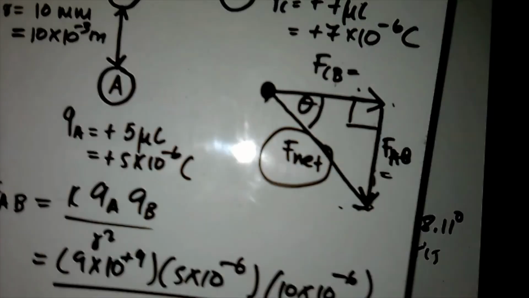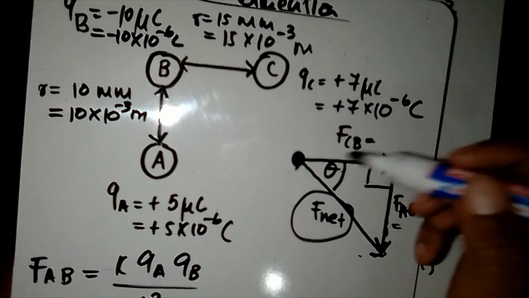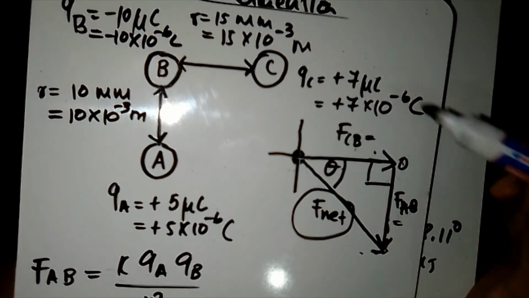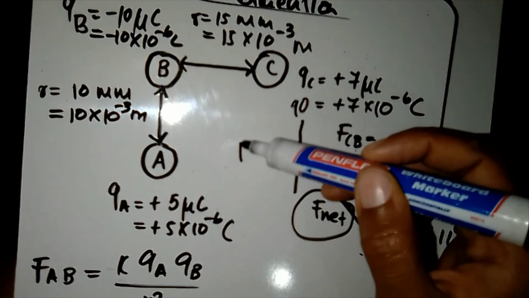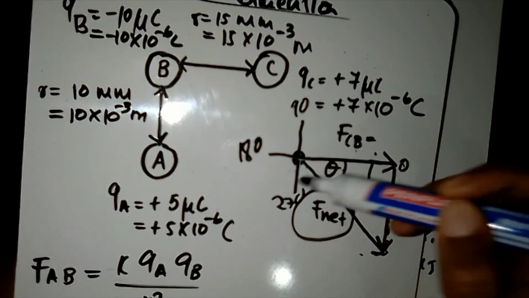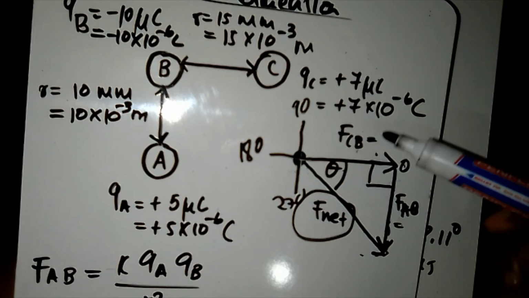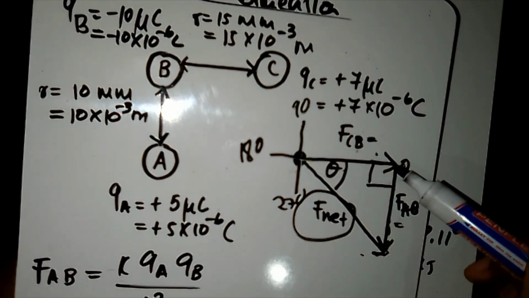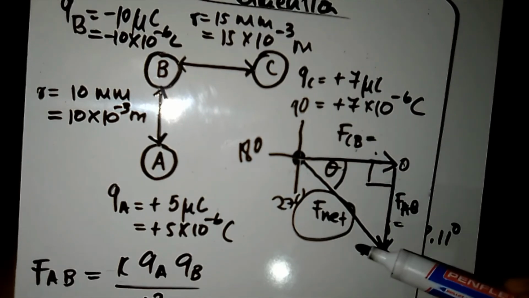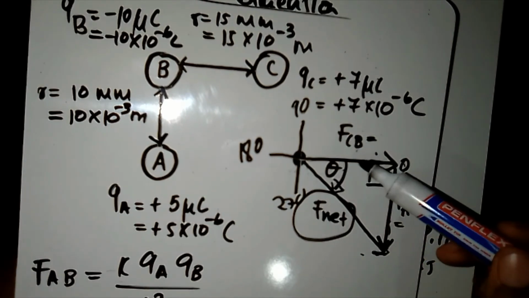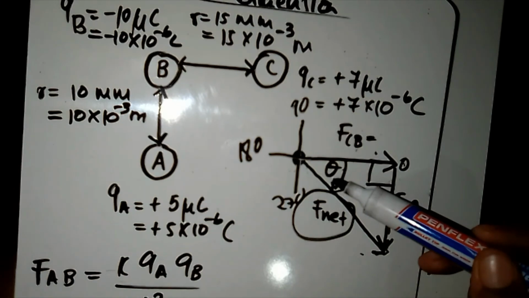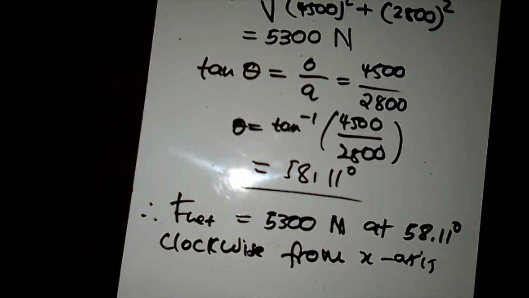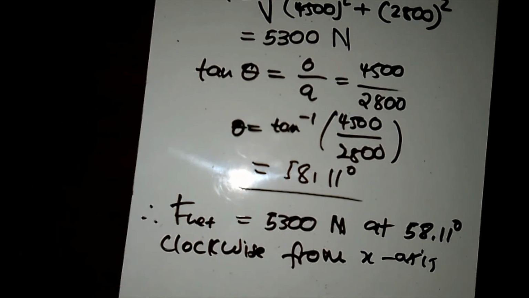If you just remember your Cartesian plane, this could be 0, this could be 90, this would be 180, this would be 270. Normally we move in the anti-clockwise direction, but if we're moving down, it becomes clockwise. So it's that angle from 0 to about negative 58.11. When you report it, you simply say clockwise from the x-axis.